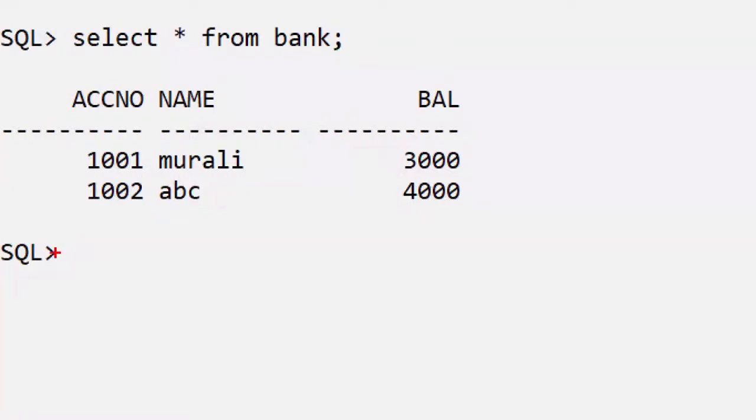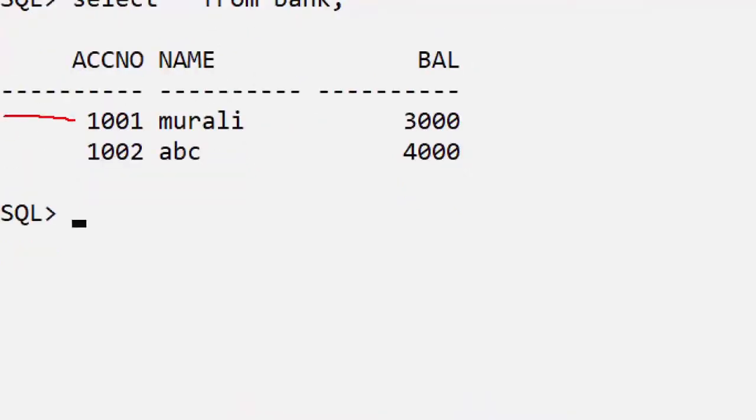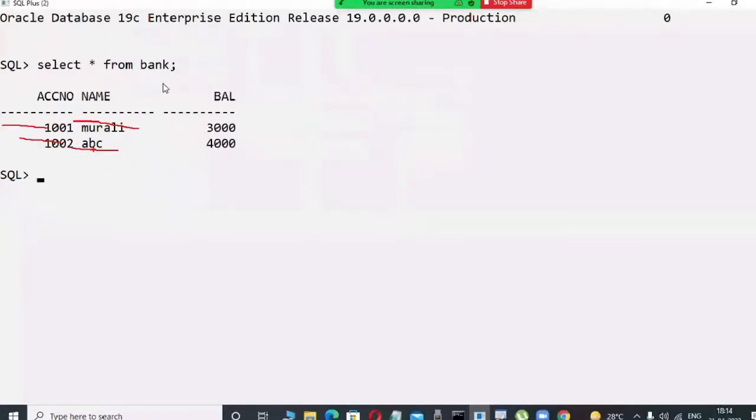Suppose, for example, this is an SBI bank, and this is its data. Observe here, these are columns: account number, name, and balance. These are called columns. Here, 1001 and so on are called rows or data.